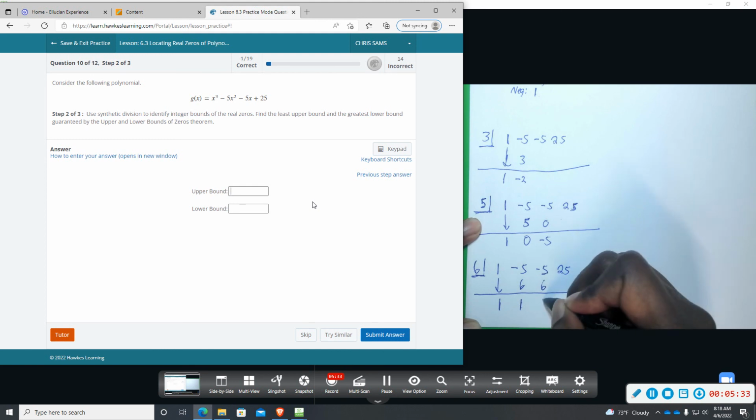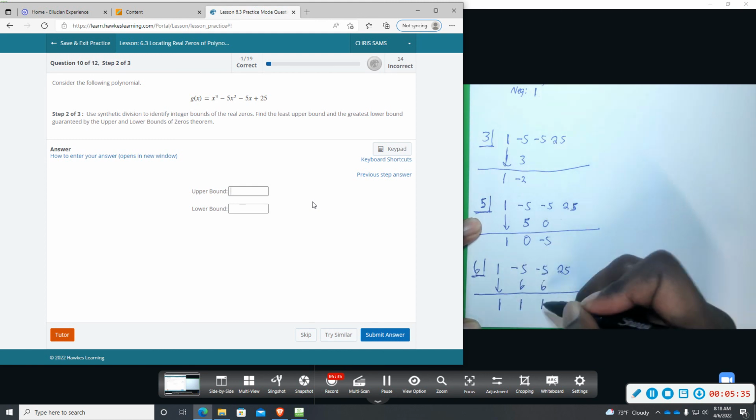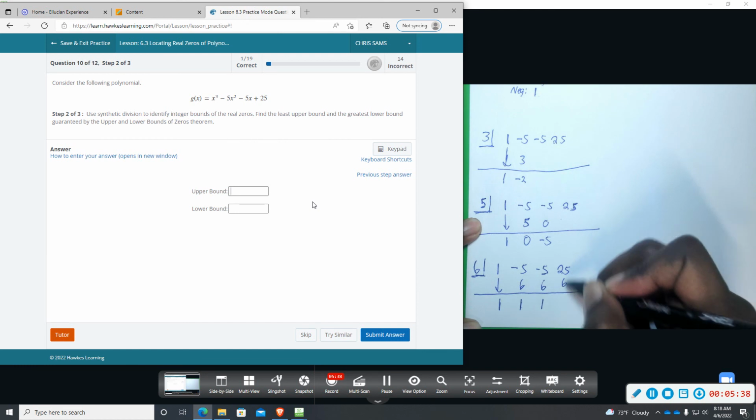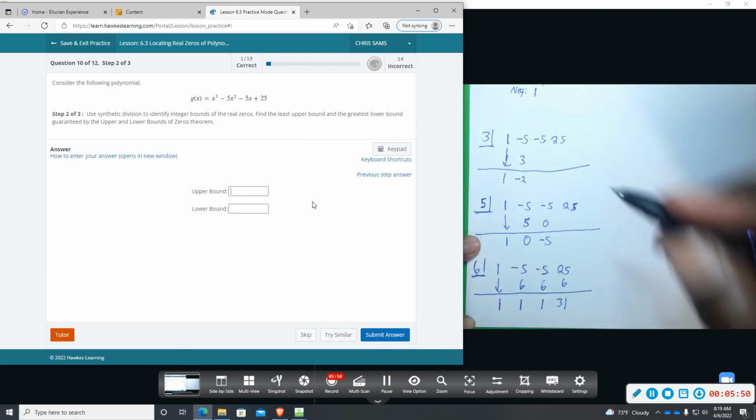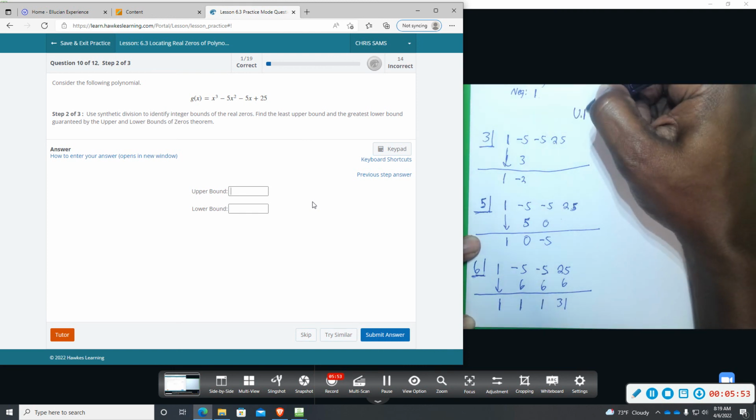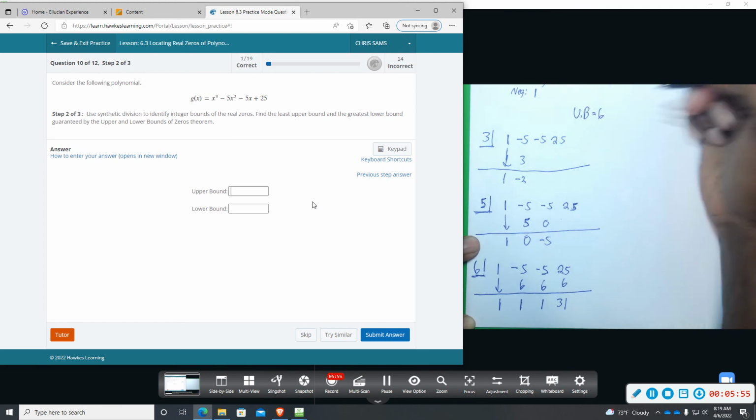Combine those, I will get a positive 1. And then 6 times 1 is 6. Combine, I get 31. So the whole bottom row is positive. This is the first positive number that you get to that will give you all positive on the bottom. So 6 is your upper bound. I'm just going to put UB for upper bound, and that is 6.